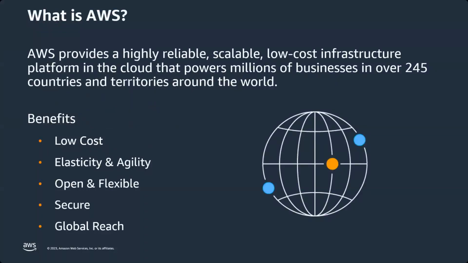So first of all, AWS, right? AWS provides a highly reliable, scalable, low-cost infrastructure platform in the cloud, and it powers millions of businesses in over 245 different countries and territories all around the world. AWS was born because Amazon.com had over a decade of building and operating the core business, Amazon.com.